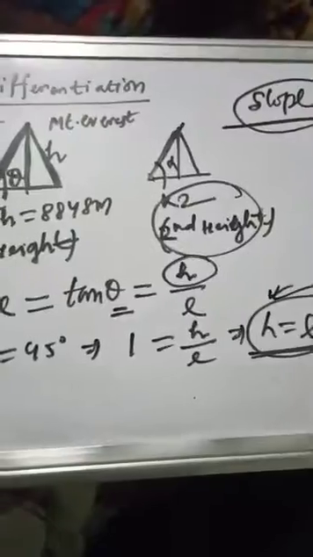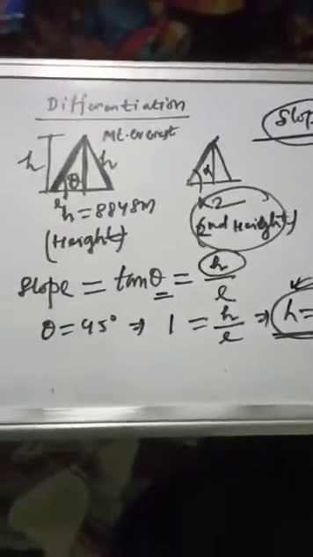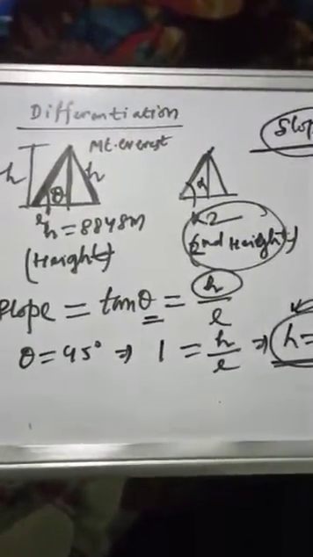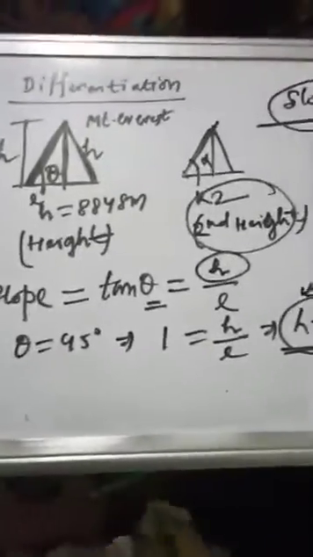So slope is most important in differentiation. Slope is most important. There are many uses of slope. In real life also we have many uses of slope, right?